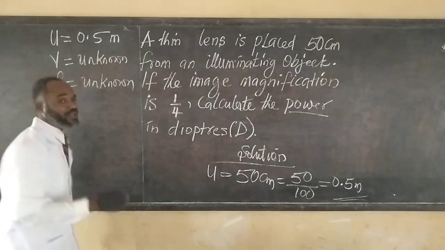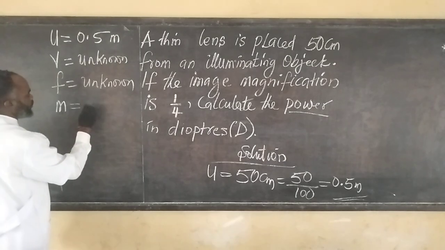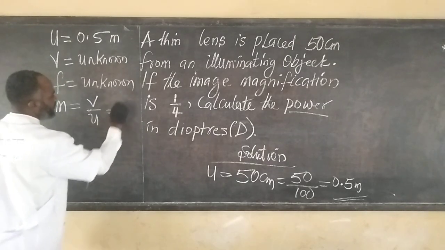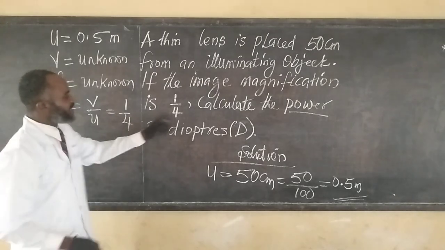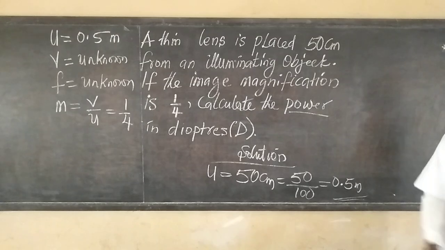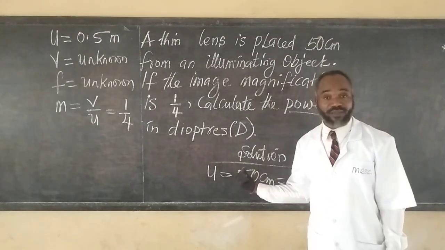But the good news is we have the magnification. M is equal to image distance over object distance, which is given as 1/4. If we have this, we are halfway to solving this problem.